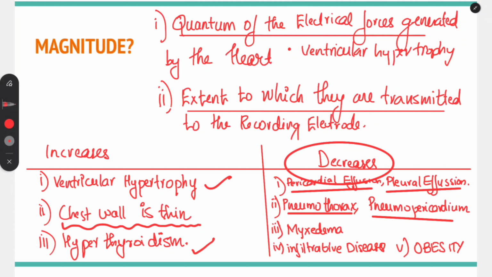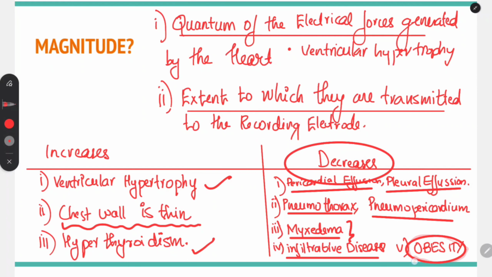This decreases the extent to which they are transmitted. Conditions like hypothyroidism and myxedema also decrease the quantum of the electrical forces generated by the heart. Infiltrative diseases like hemochromatosis and amyloidosis both decrease the quantum of the electrical forces generated by the heart.